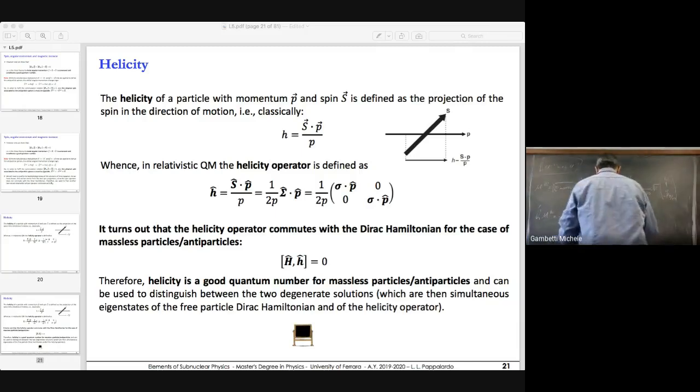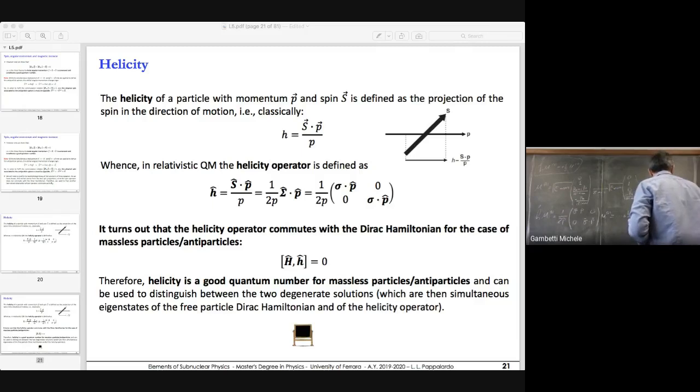So at the end you obtain 1/2 times the matrix 1, 0, 0, 0, 0, minus 1, 0, 0, 0, 0, 1, 0, 0, 0, 0, minus 1, acting on our solution root of E, and then 0, 1, 0, minus pz over E.